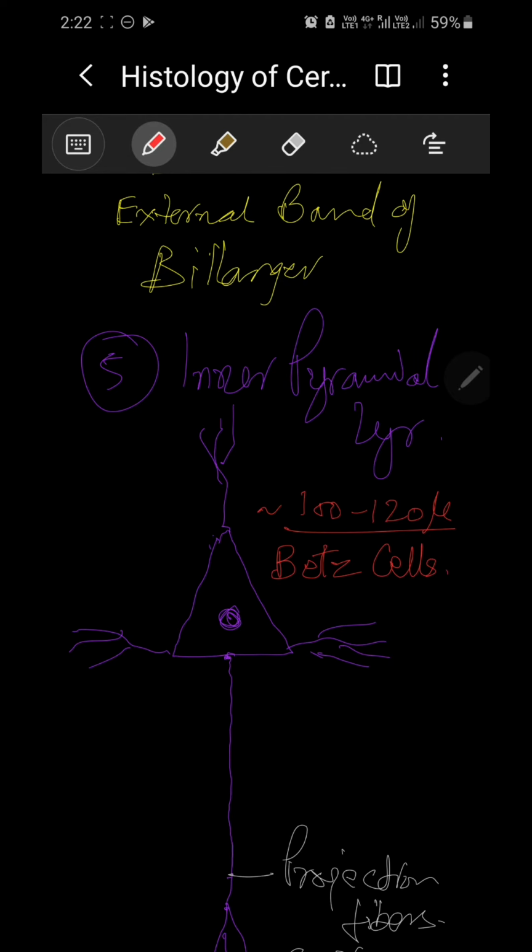Okay, so now if asked which is the largest cell in the human body, I taught you this again in the first lecture of introduction to neuroanatomy. You can go through this and revise. Again, if it's asked, your answer will be the ovum, the secondary oocyte, that is liberated from the ovary and is meant for fertilization.